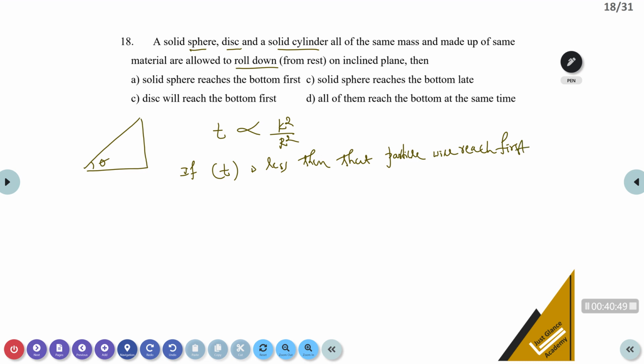But T is less if k square by R square is minimum.